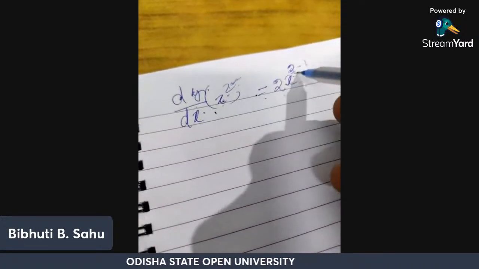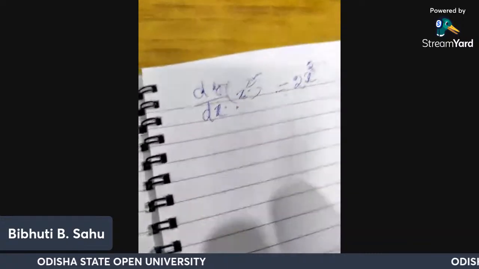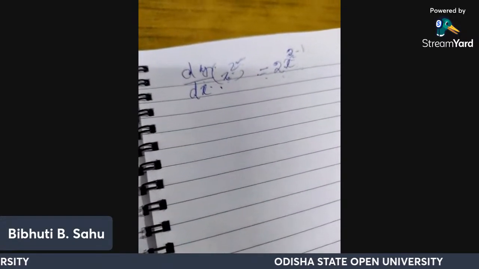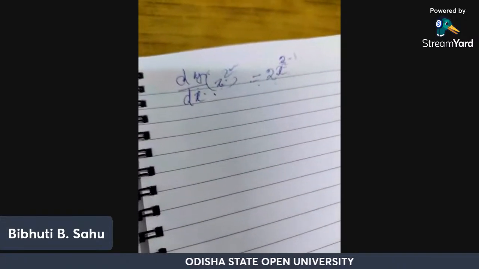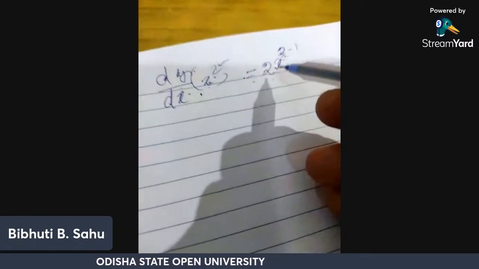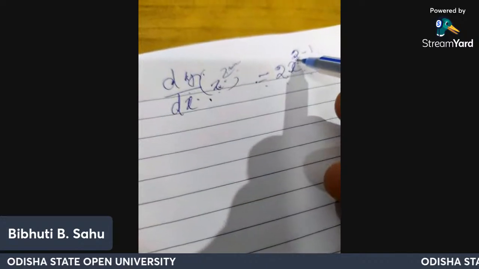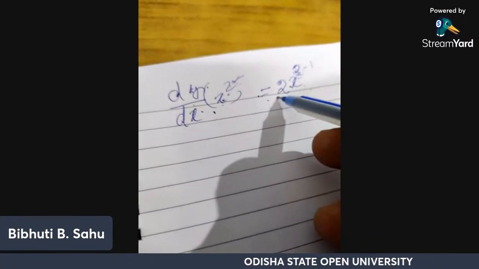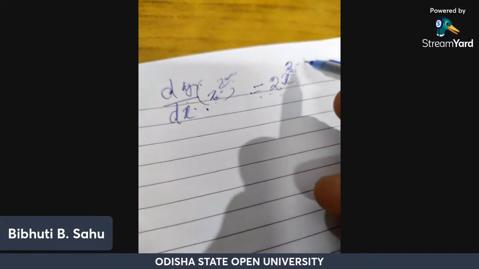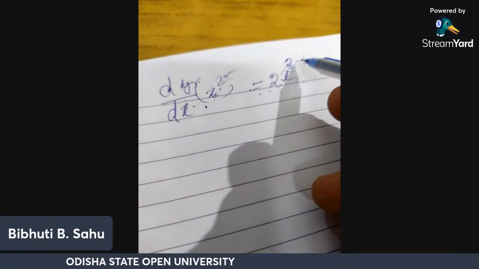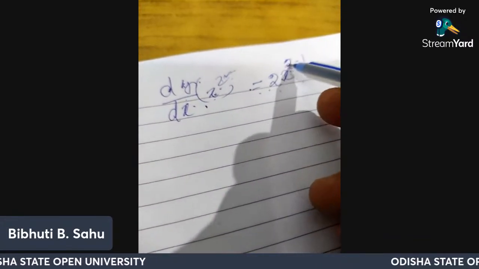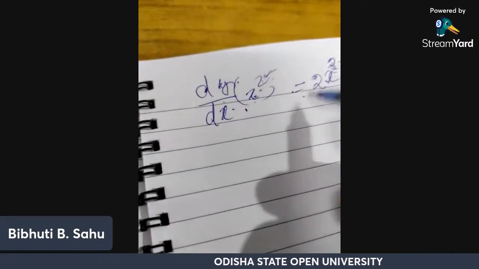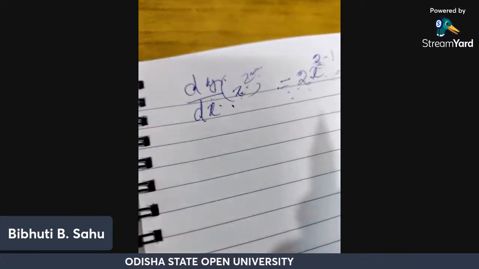That is equal to 2x. So to find the derivative of a particular function, you have to take the power, take the exponent as the coefficient, and subtract 1 from the exponent, and whatever remains is the derivative of that function.